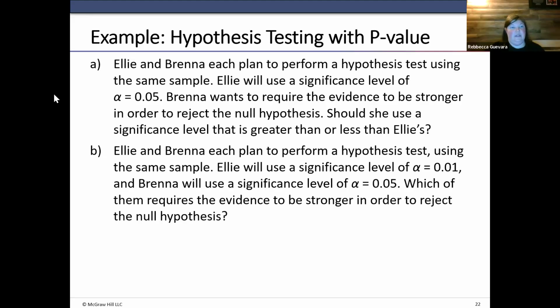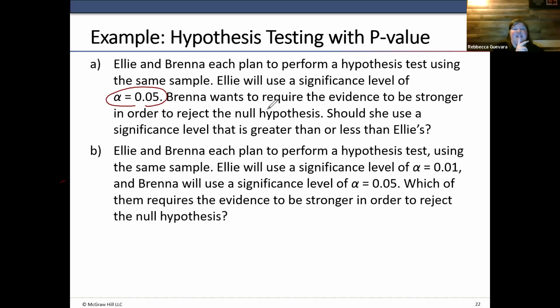So Ella and Brenna each plan to perform a hypothesis test using the same sample. Ella will use a significance level of 5%. Brenna wants to require the evidence to be stronger to reject the null hypothesis.